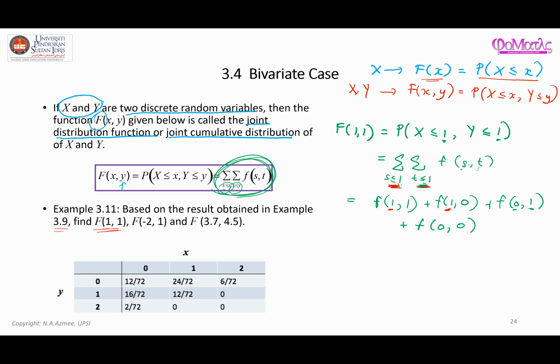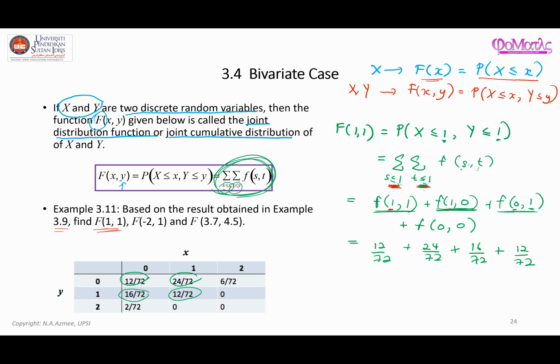So when you look at the table, we see that the value for 1 and 1 is this, 12 over 72, plus 1 and 0. 1 and 0 means x is 1, y is 0, which is this one, 24 over 72, plus 0 and 1. 0 and 1 is this one, 16 over 72, plus 0 and 0, which is this one, 12 over 72.